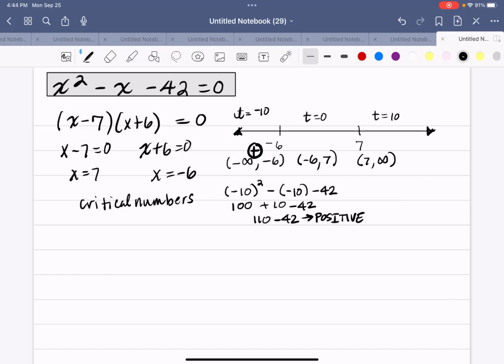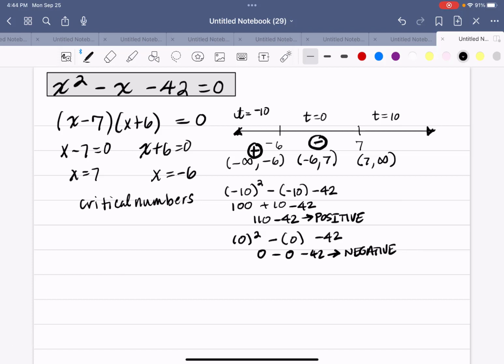My next test point is 0. So 0 squared minus 0 minus 42 is 0 minus 0 minus 42, and that's going to be a negative. So in this middle interval, my derivative is negative.